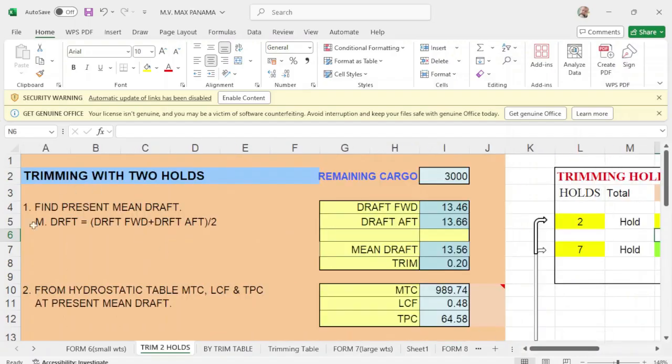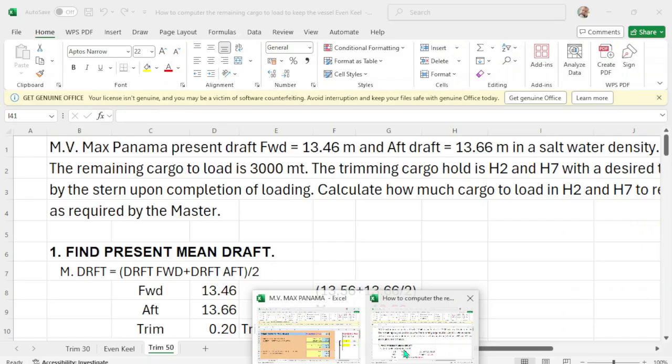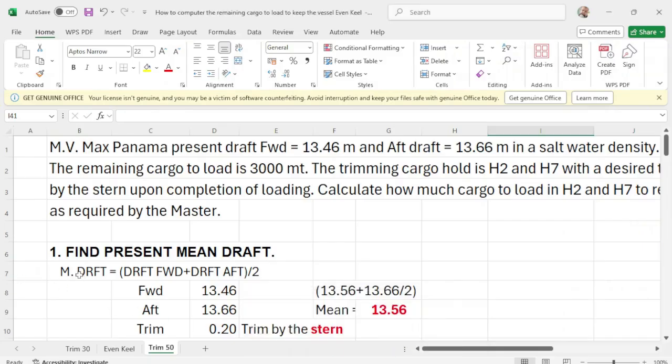So trim to holds. Number 1, find present mean drop. Mean drop is you add forward and up, divide by 2. That will be your mean drop of 13.56. I made this one into Excel. This is this one. So number 1 is to find the mean drop.